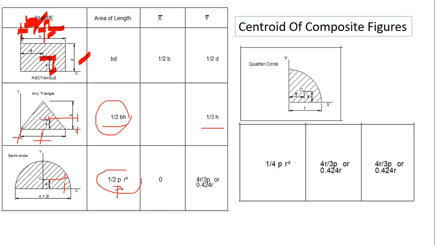The centroid is 0.424 r, measured from the base going up to the centroid C. So it's 0.424 r.